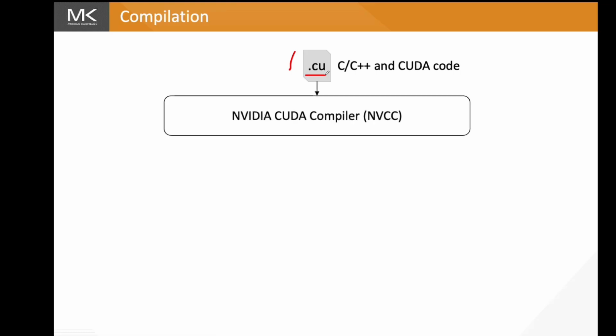Okay, so now let's talk about what the compiler does internally when you call NVCC followed by your program name. As I showed you in the previous lecture, you write your CUDA programs in a .cu file, and this .cu file can contain normal C++ code and also CUDA code, right?